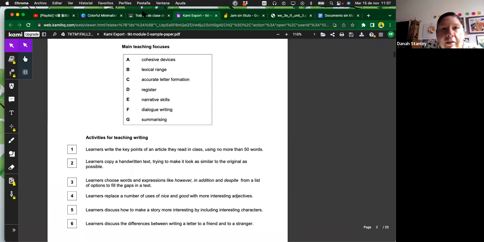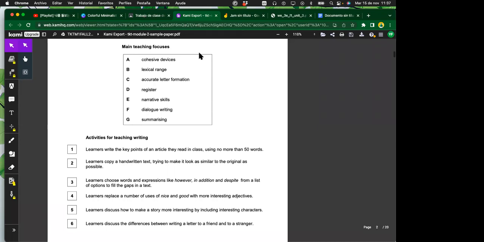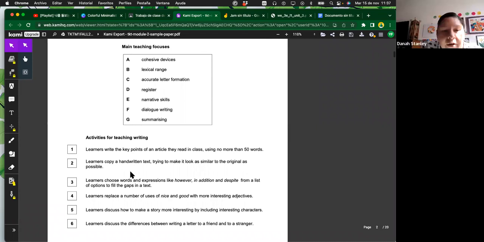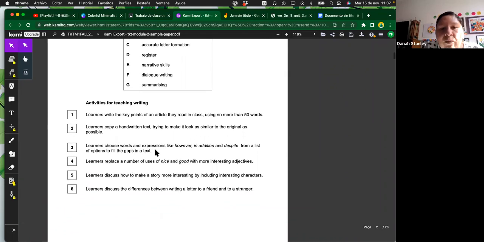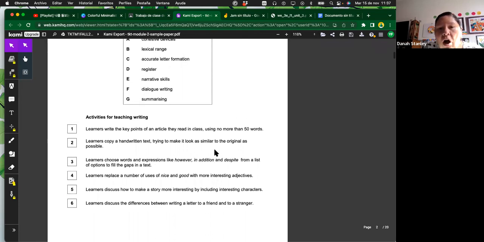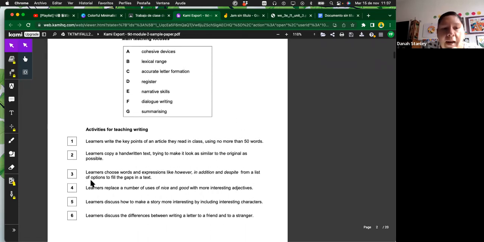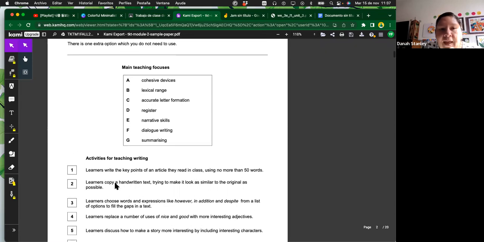Learners choose words and expressions like however, in addition, and despite from a list of options to fill in the gaps in a text.